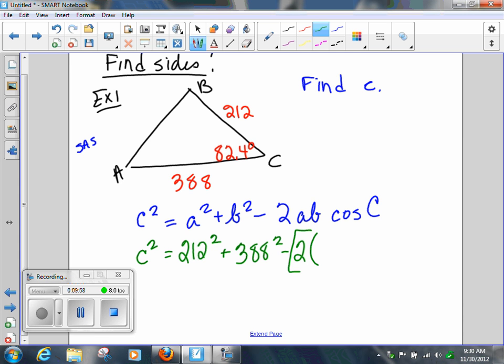Negative the quantity 2 times A, which is 212, times B, which is 388, times the cosine of angle C, which is 82.4 degrees. Huge numbers. Calculator.